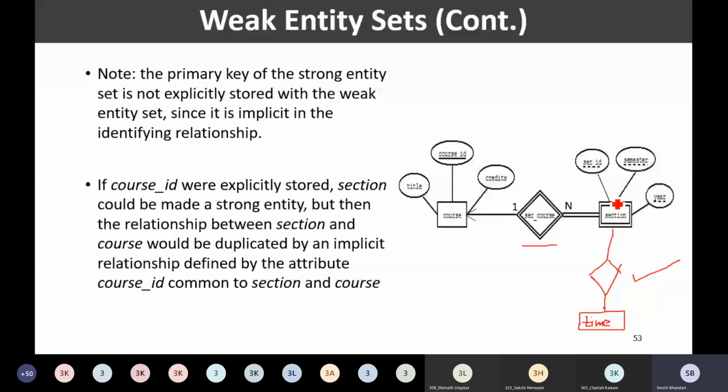See, for example, this weak entity set section is dependent on course, right? But it may also happen that this weak entity set is also existence dependent upon some other strong entity set as well.